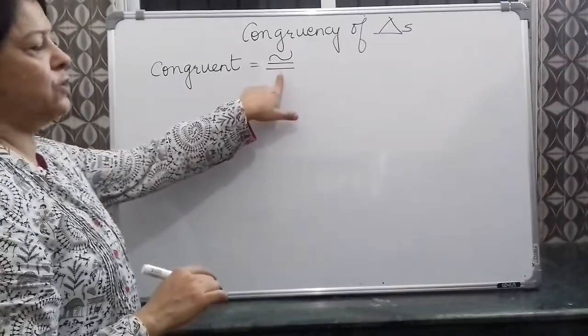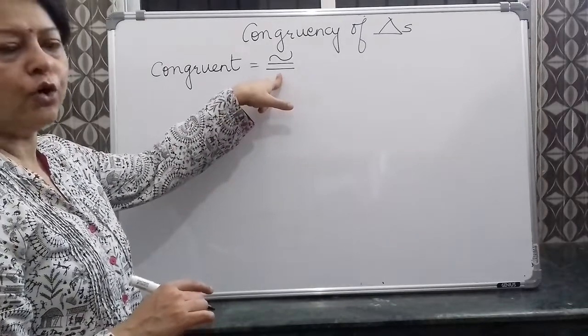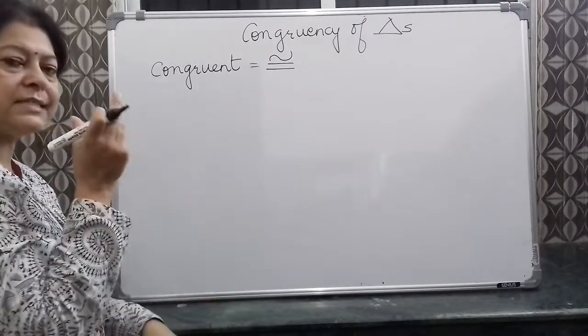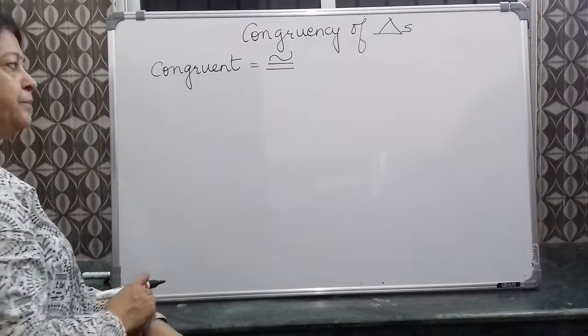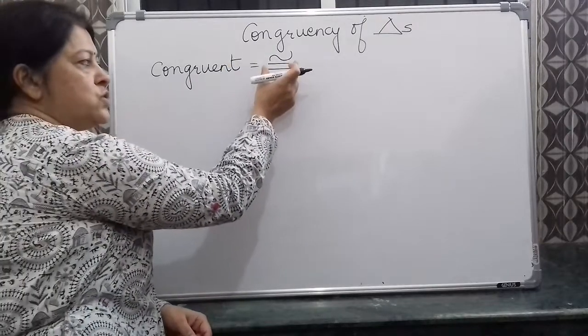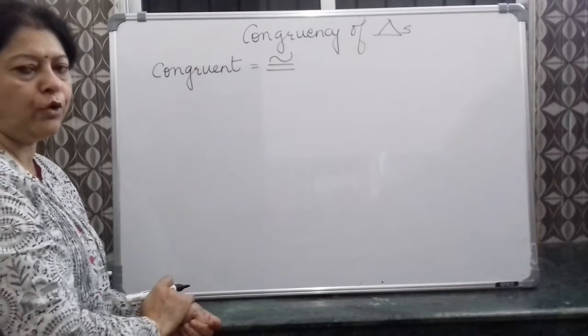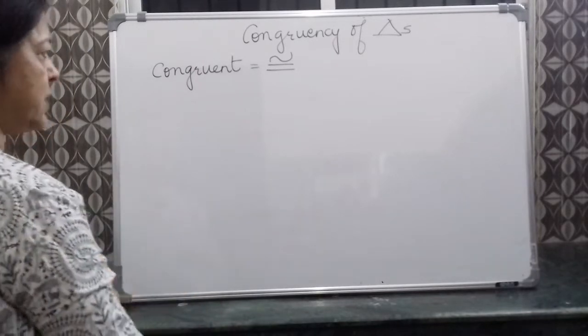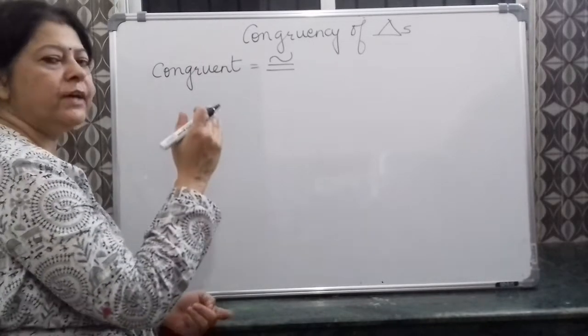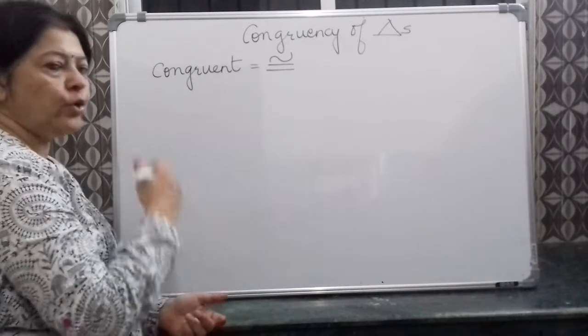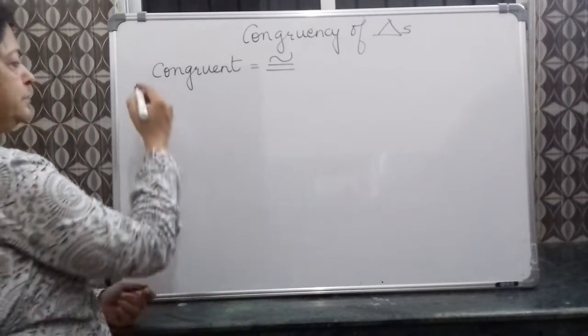This particular design is known as the sign of congruency. This is where we use the sign in terms of writing the proof of a triangle or proof of any of the congruent figures.